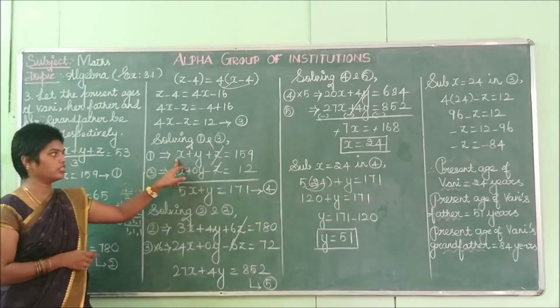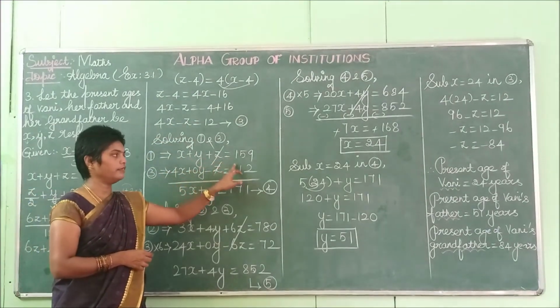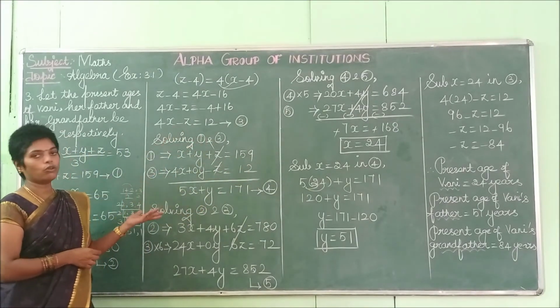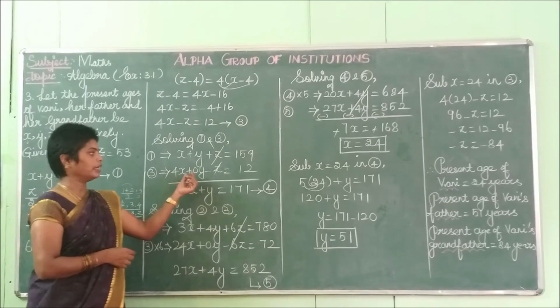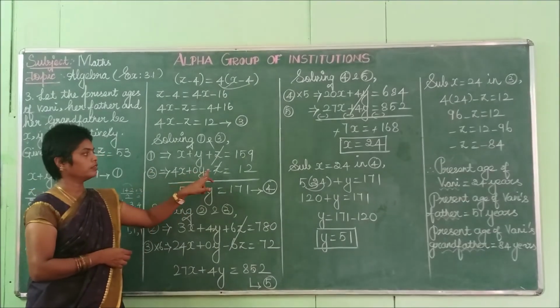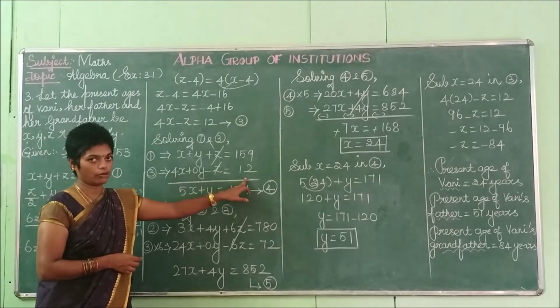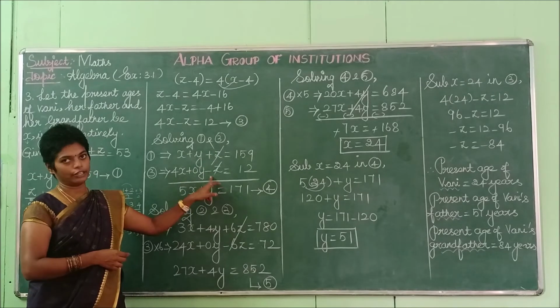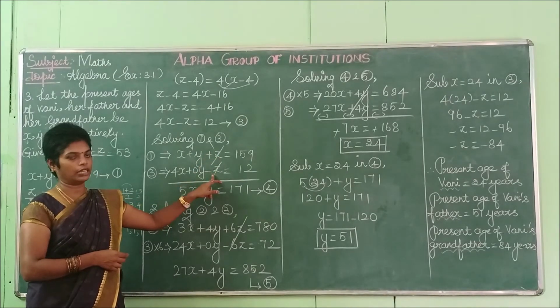So what is our first equation? x plus y plus z, which is equal to 159. Third equation, there is no y, so you can take that as plus 0y. So 4x plus 0y minus z, which is equal to 12. So look, two equations, here positive and negative. So positive z and negative z get cancelled.